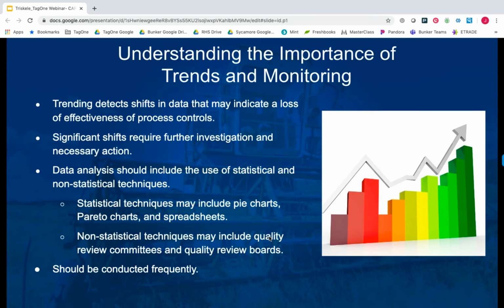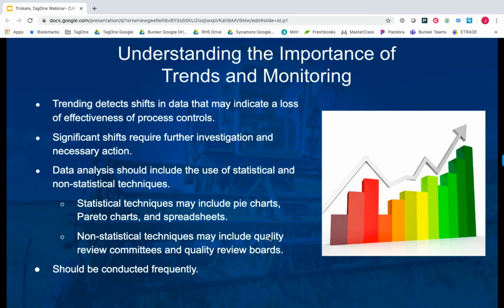Yeah, trending, I cannot stress enough how important it is. I love data. I'm a scientist, I'm data driven. And I work in CAPA, where you're looking at a lot of data, but trending is very scarce, at least with the clients that I've dealt with.